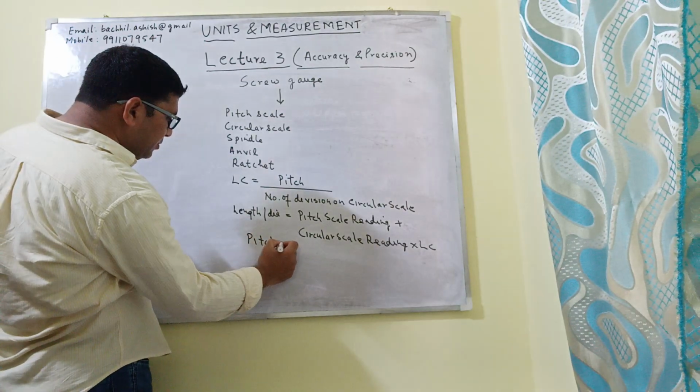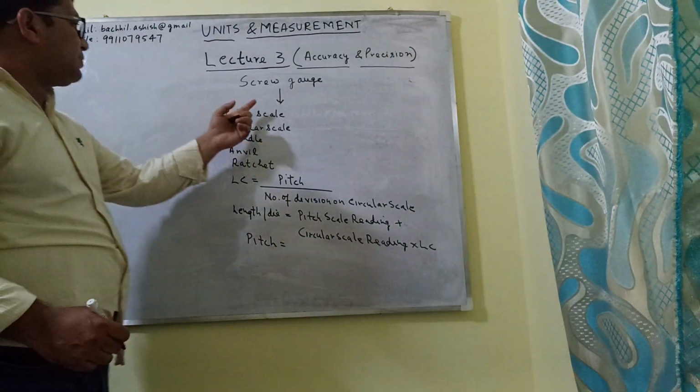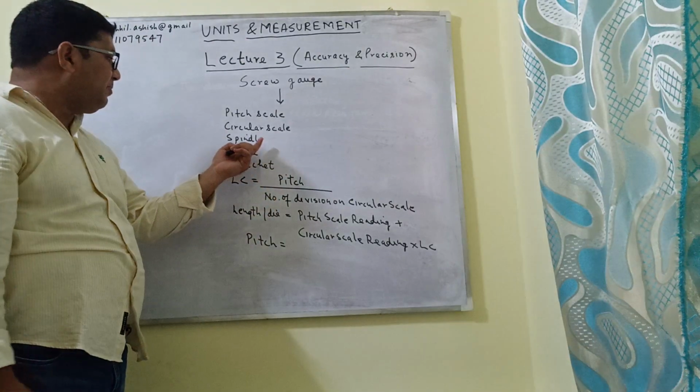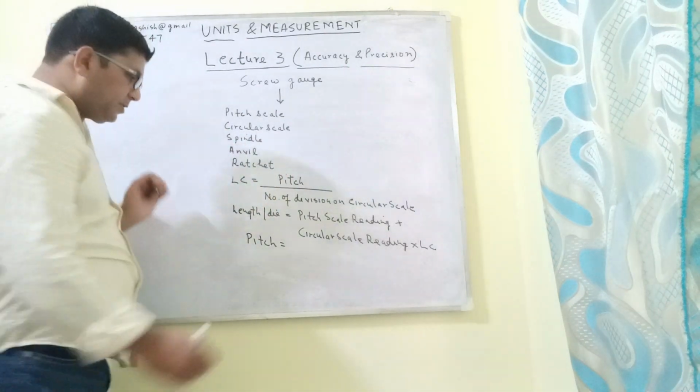The pitch of the screw gauge is defined as the distance travelled by the spindle in one revolution.